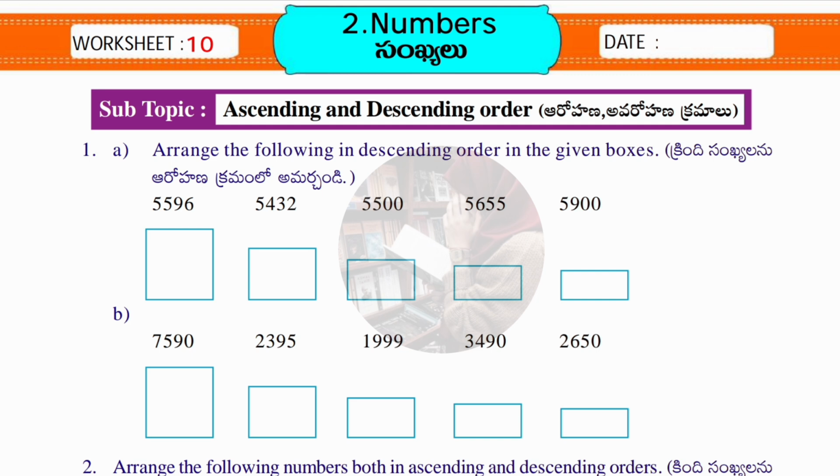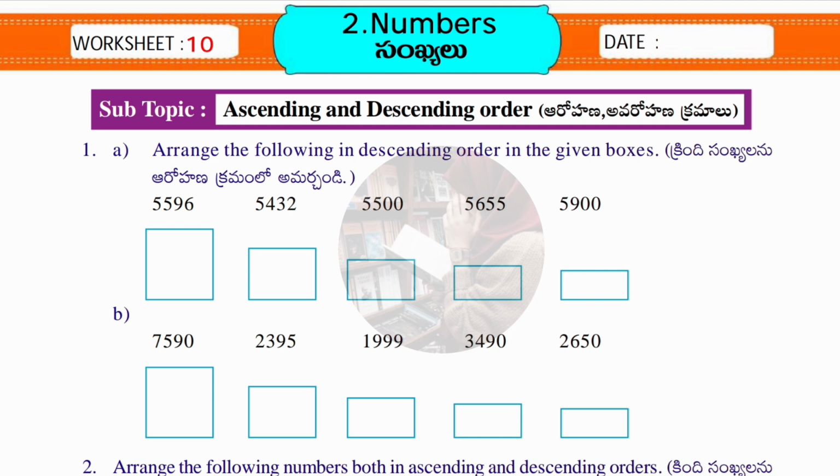Here the subtopic is ascending and descending order. Okay, so let's see first Roman. We all know ascending order means from smaller to bigger, whereas descending order means bigger to smaller. Okay, let's see first Roman is arrange the following in descending order in the given boxes. Here some boxes are given. Now what we have to do, we have to arrange it in a descending order.